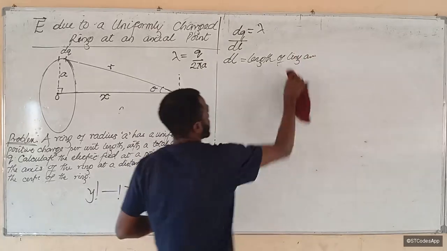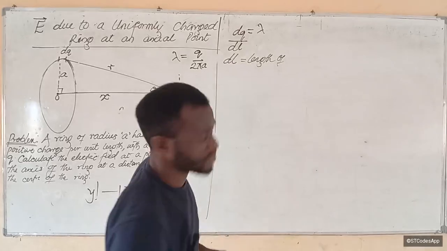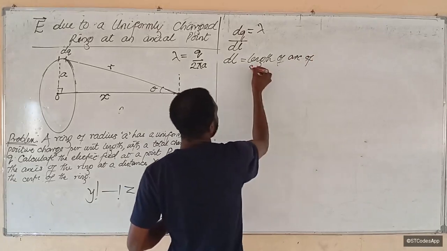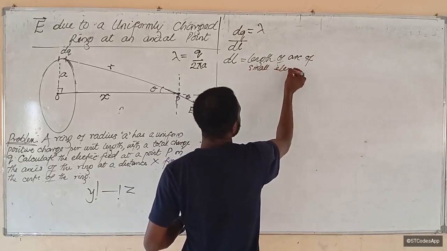That's what I mean by tiny, exactly. Length of arc of our small element. Is that okay?